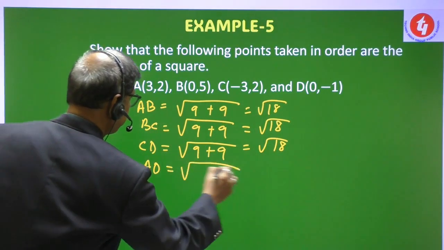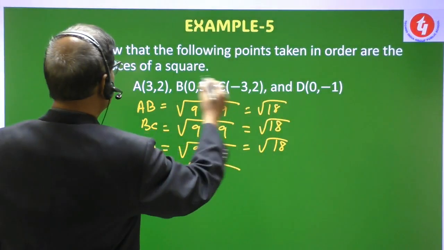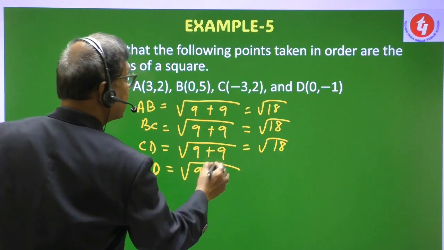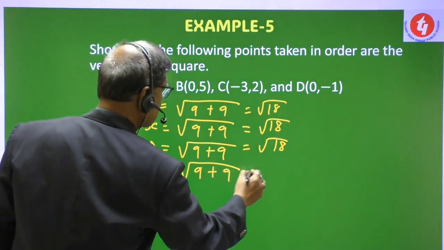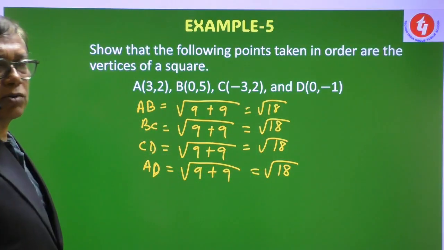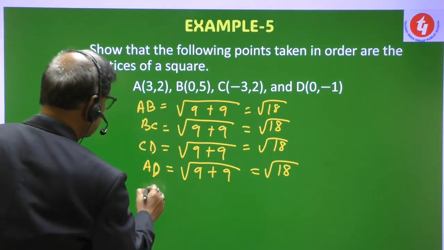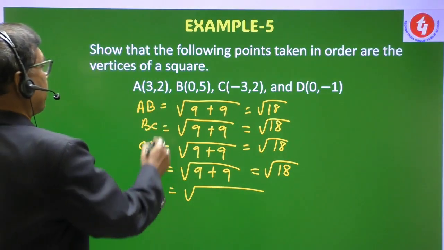Now we'll find AD. AD is how much? 0 minus 3, whole square, that is 9, and minus 1 minus 2, that is minus 3, whole square, that is also 9. So root over 18. So all sides' lengths are equal. Now let us see the diagonal AC. What is the length of AC?